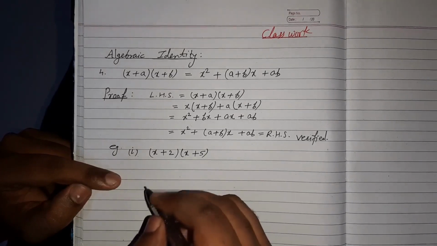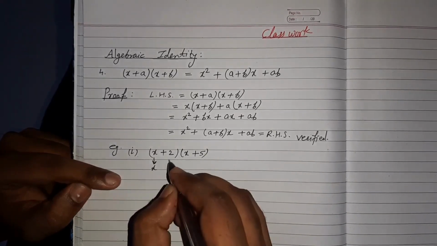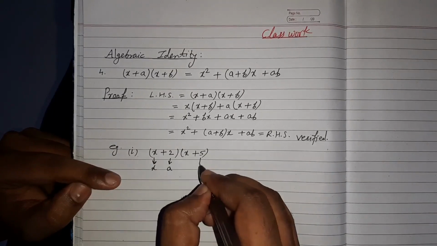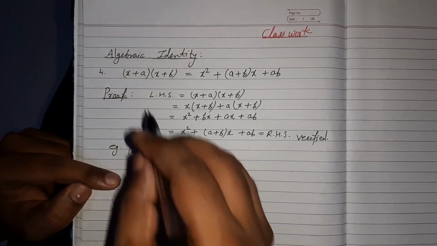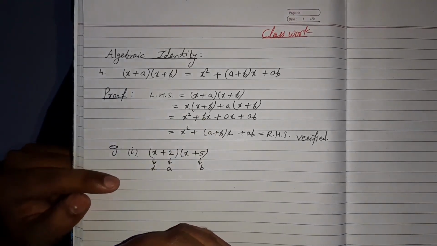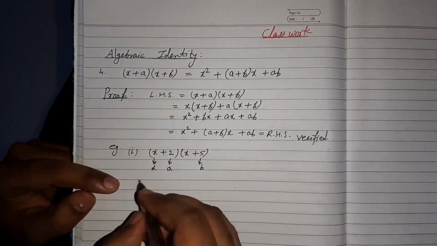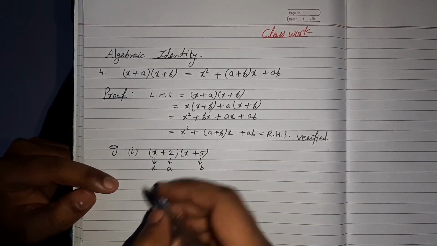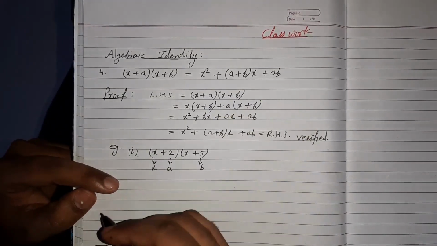So this is the value of x, this is the value of a and this is the value of b. The question is already given in standard form, (x + a)(x + b), so no need to reconvert. According to this identity, it is equal to x² + (a + b)x + ab.